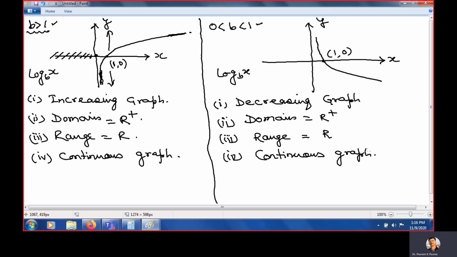So these are the 4 important properties of logarithmic function. This is increasing graph, domain is R plus, range is R, and it is continuous. So if b is greater than 1, then the graph is increasing. If b is between 0 and 1, the graph is decreasing. This you need to remember.